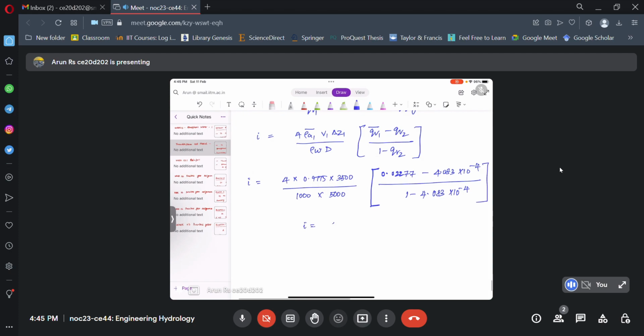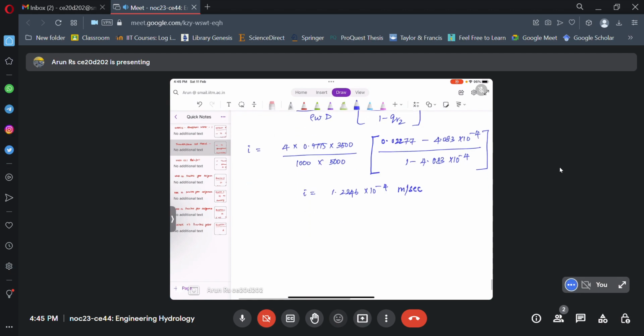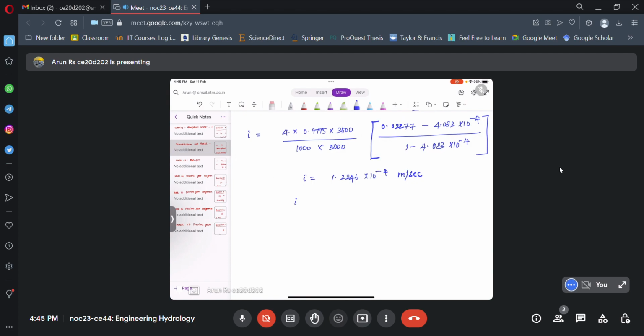So the intensity of the precipitation is 1.2246 × 10^-4 meter per second, but we represent the intensity of the rainfall in terms of millimeters or centimeters per hour.